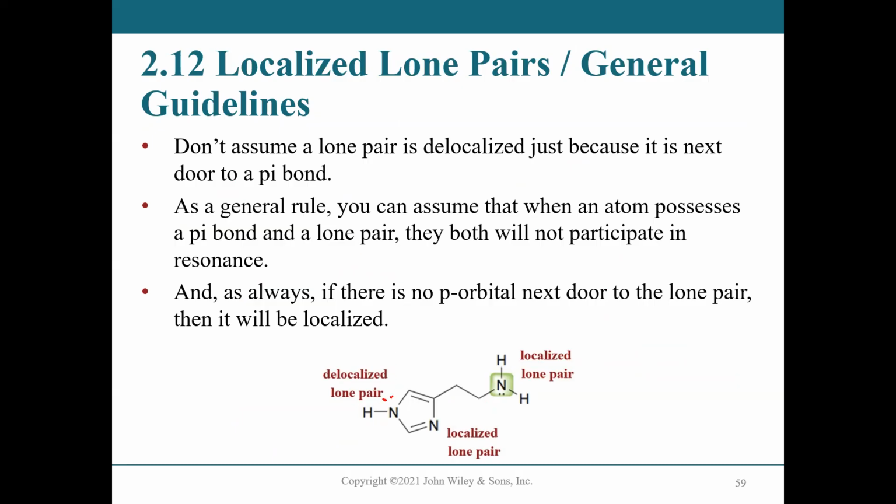Here is a delocalized pi bond. This is a localized lone pair because it's sticking out. There's no double bond here, so it's just a localized lone pair, just like here on ammonia, this is a localized lone pair right here.